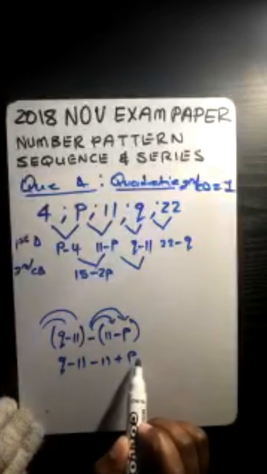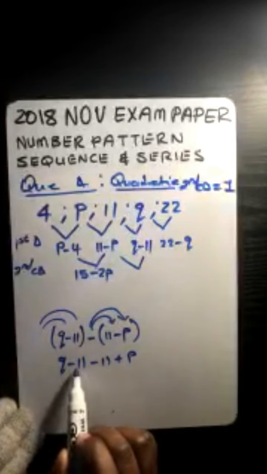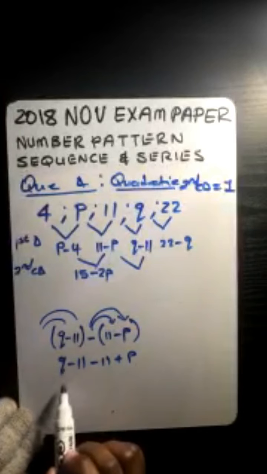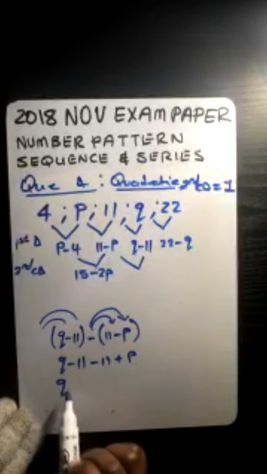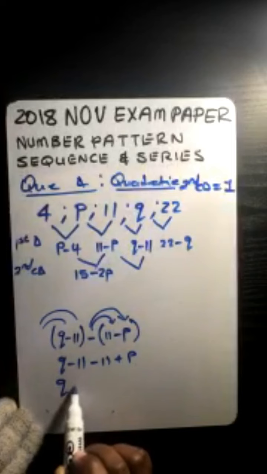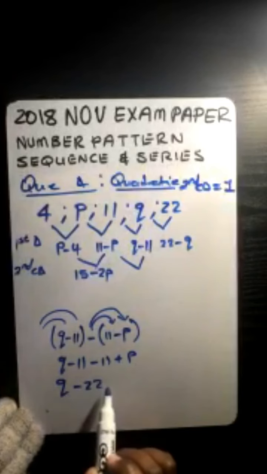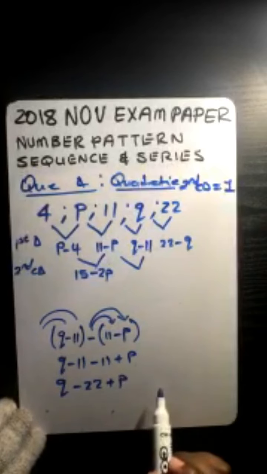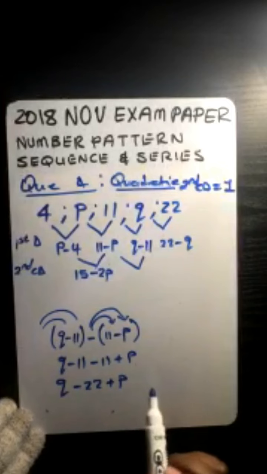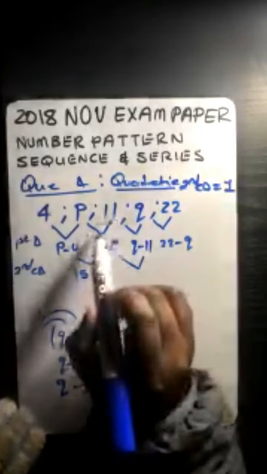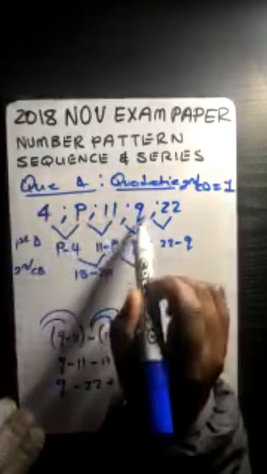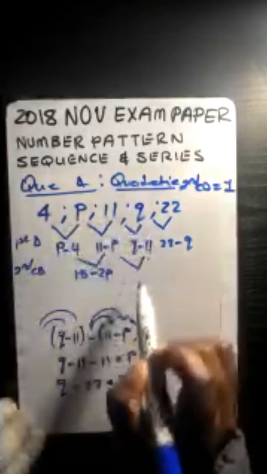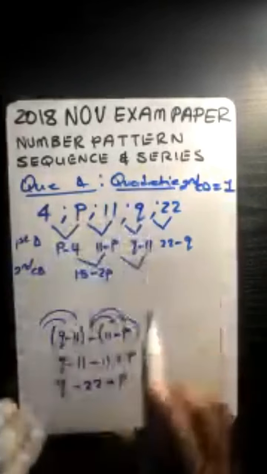So it's more like we are having q minus 22 and then plus p. Am I correct in doing that, guys? I think I am, because this is where I got this minus that. So when it comes to the second difference, I'm having this.